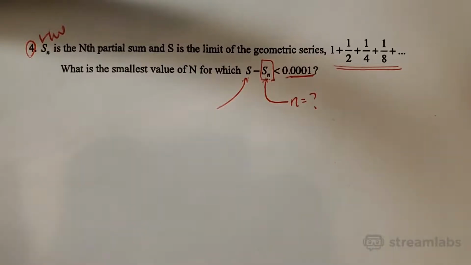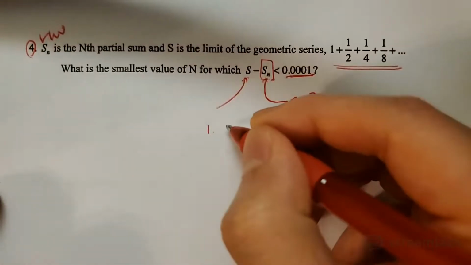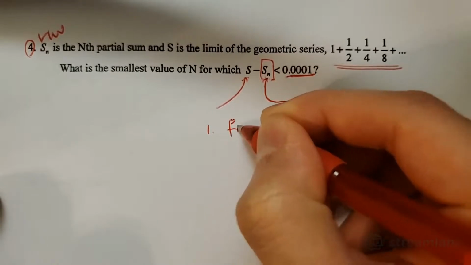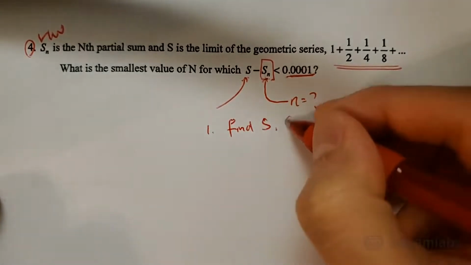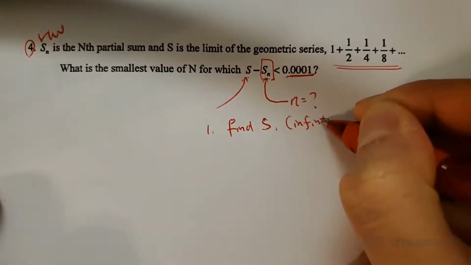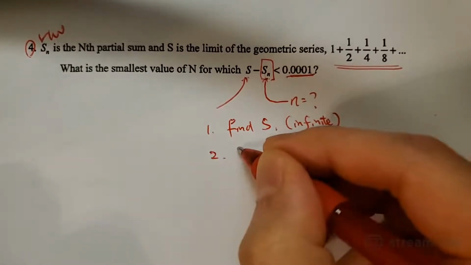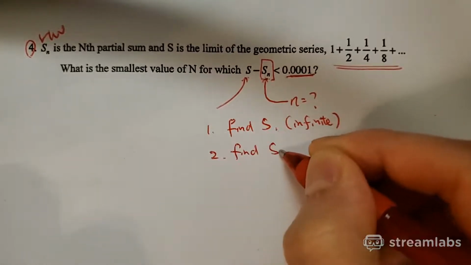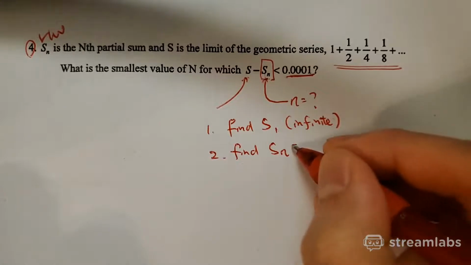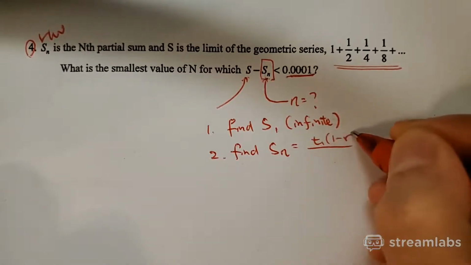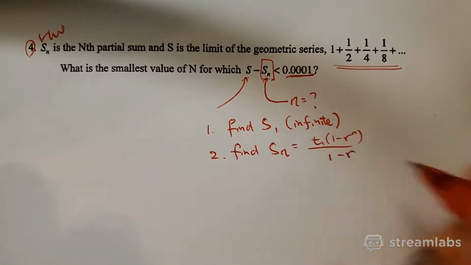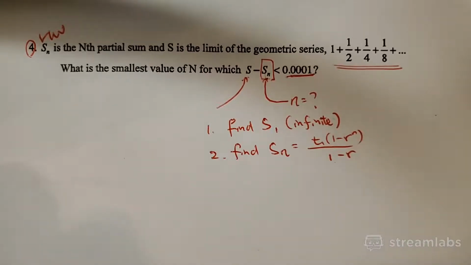Okay, that is what you're looking for. My suggestion is, number 1, find S first, which is infinite. Number 2, find Sn, which is whatever you use, right? T1, 1 minus r to the n over 1 minus r, this formula. Find that.